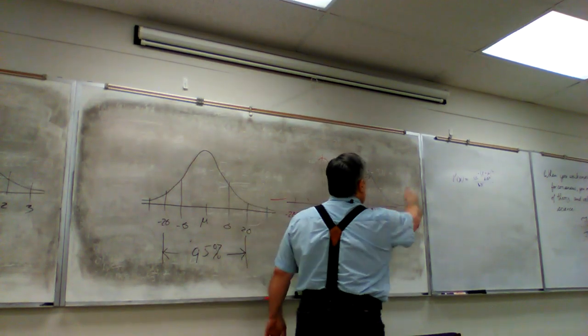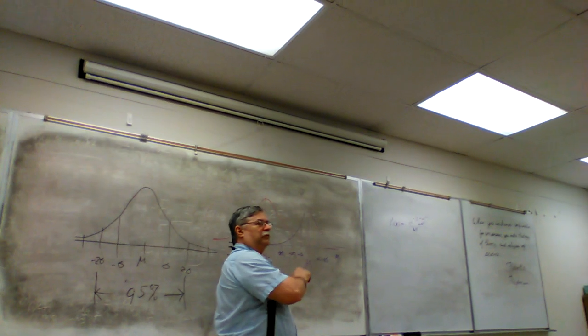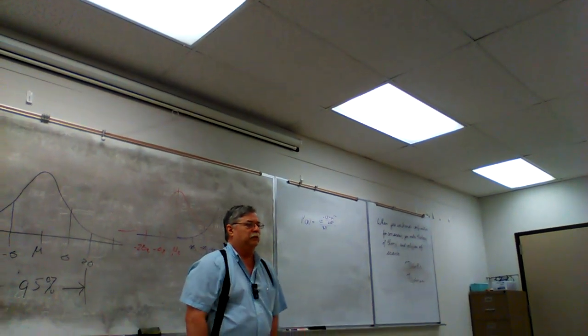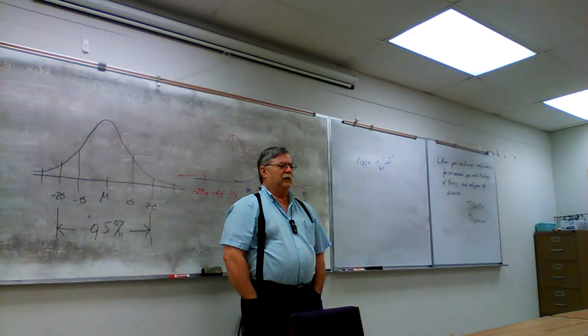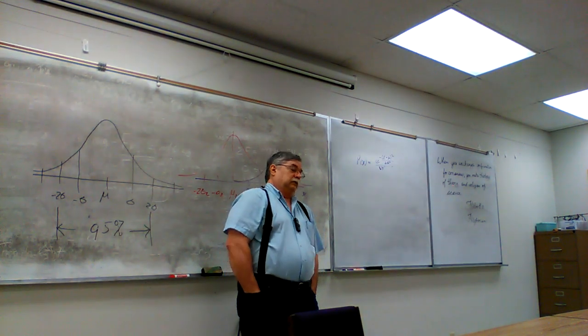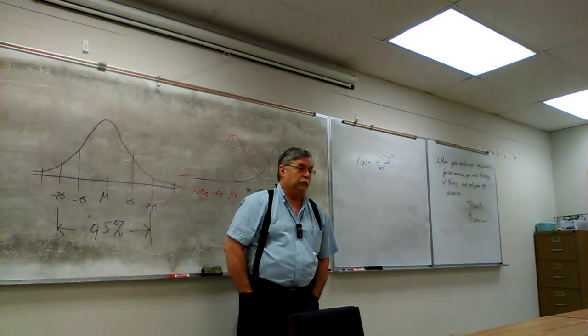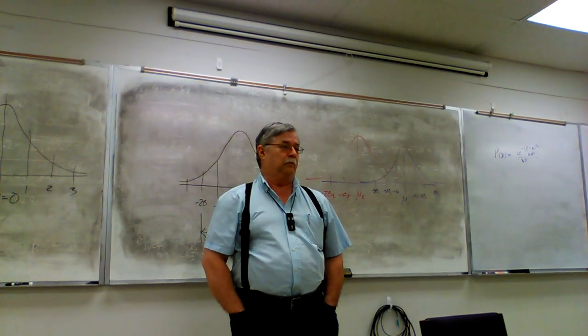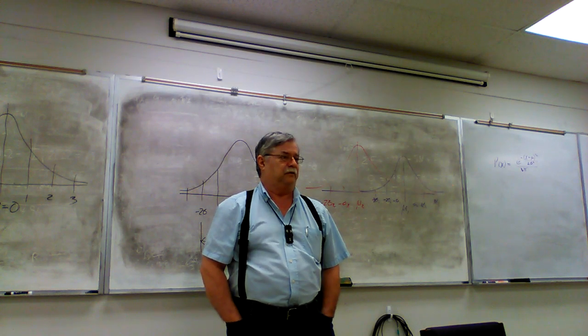Well, we could take that x and plug it in and do the integration from minus infinity to x and get the percentage and so forth. Or, quite frankly, nowadays with computers, we got wristwatches that could do the math as fast as you could type in the numbers.